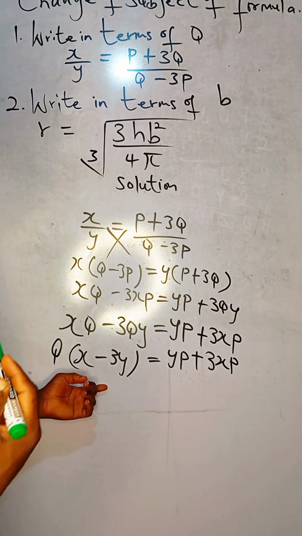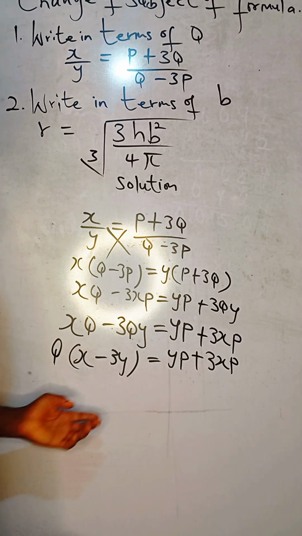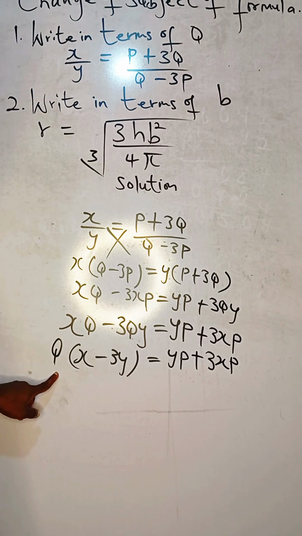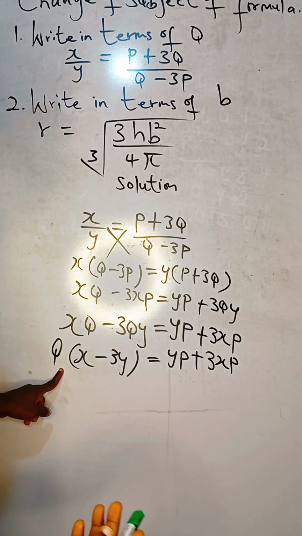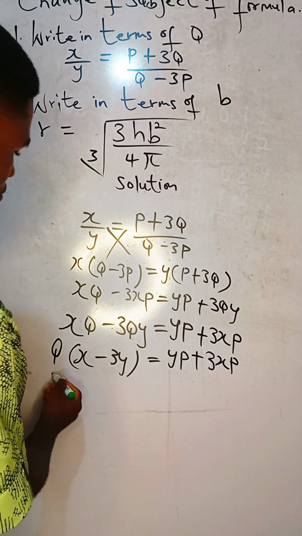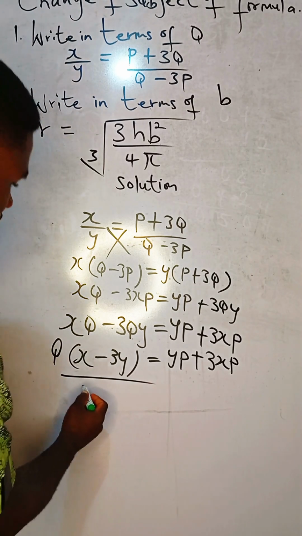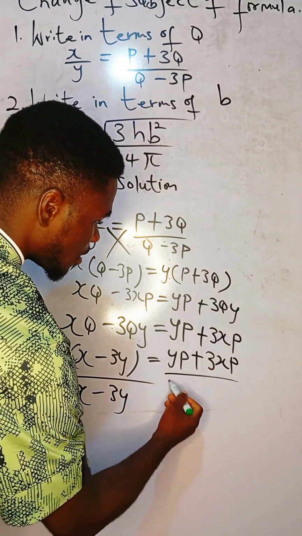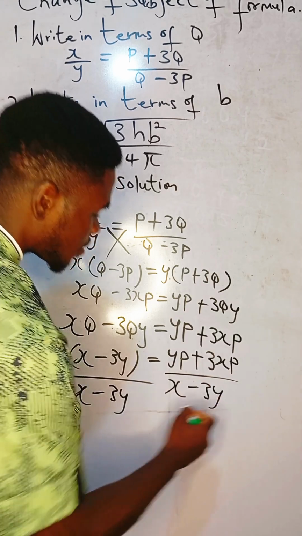I'll tell myself, what do I need to do so that x minus 3y is going to cancel out? Since it is being multiplied, what is the opposite of multiplication, or the inverse of multiplication? It is division. So I'm going to divide both sides by x minus 3y.